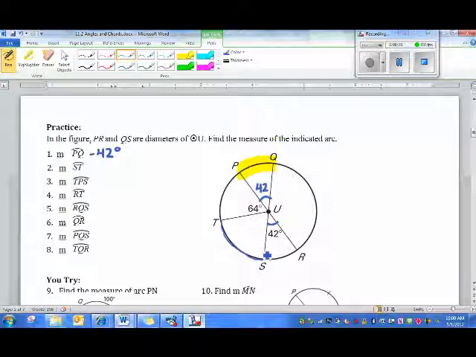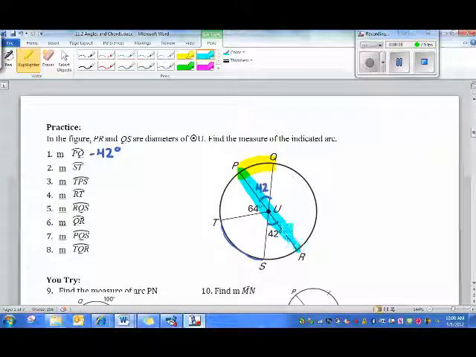For ST, I have a couple ways I can think about this. I know that PR is the diameter, right? And if I want to find arc ST, what do I know is in this whole arc here, PTR? That whole arc has to equal 180. And I've already used up 64 and 42 of that, right?